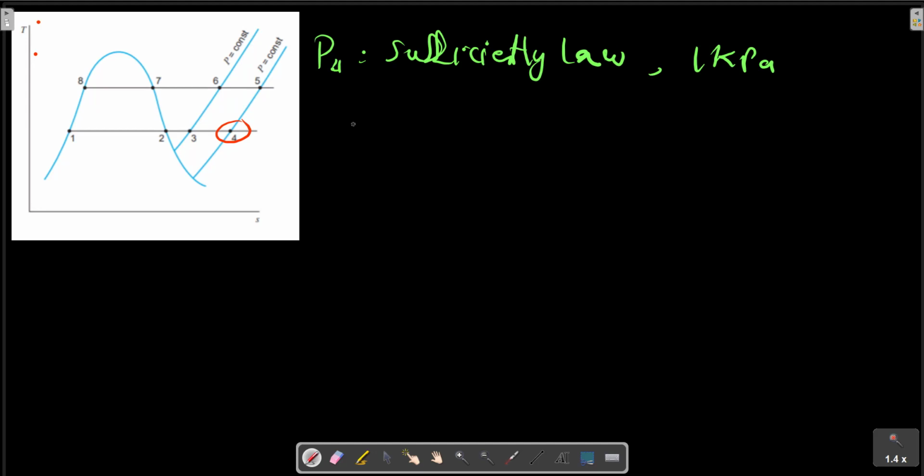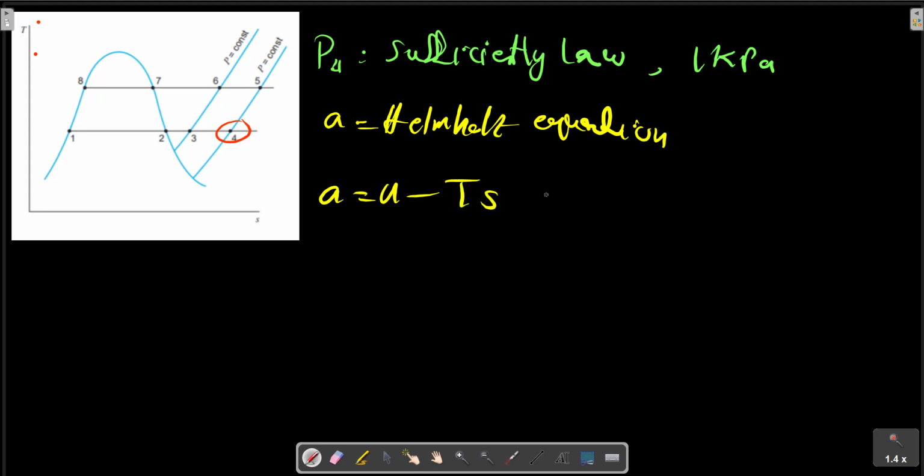Rewriting the two partial derivatives for A in the equation, we can find P equals rho squared times the partial derivative of A with respect to rho.